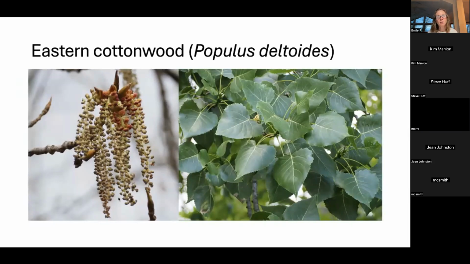Unfortunately, this tree is a lot taller than me, so I have to use a zoom to get the flowers, but they were absolutely stunning as they were shaking in the wind as I went by. And then I put the leaf next to it so you could see that it's deltoides because the leaf looks like a triangle with some serrations on the end.